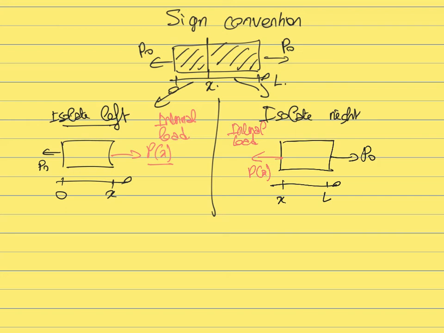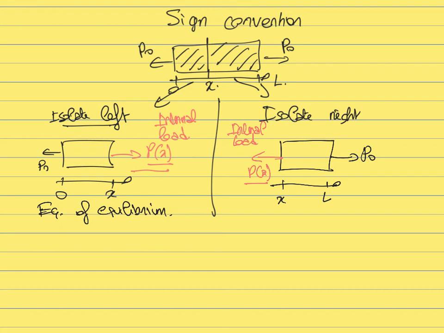So now let's check why we sometimes define this load as pointing towards the right, and now define it as pointing towards the left. Let's make sure that those two definitions are actually consistent and will give us the same value of the internal load at the end. For this, we can write the equation of equilibrium for both cases.